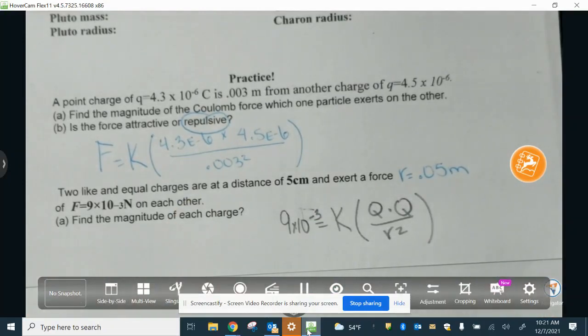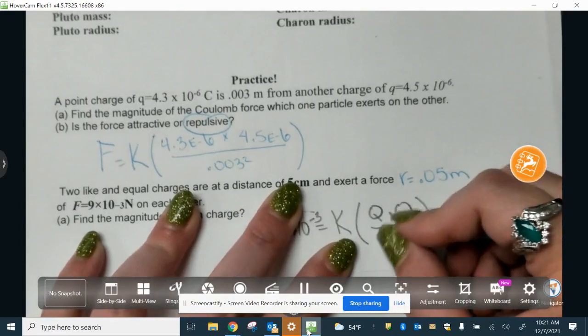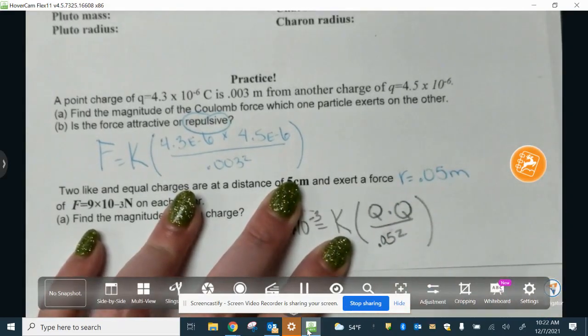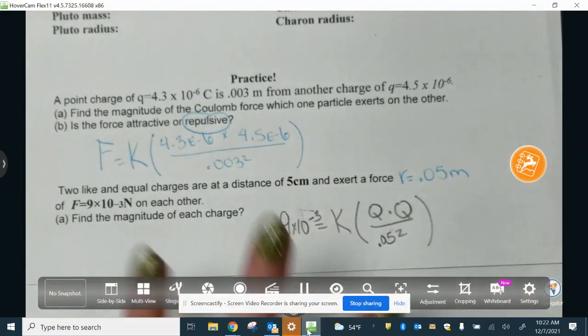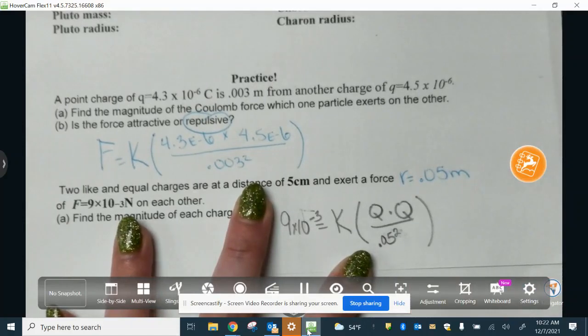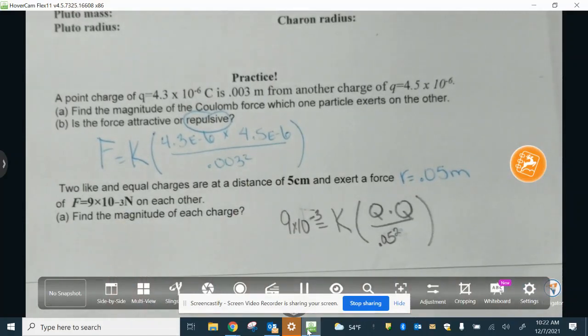And my R is equal to 0.05. That's squared. I know my numbers suck in size. That's squared. It's not 0.52. Now it's 0.05 squared.